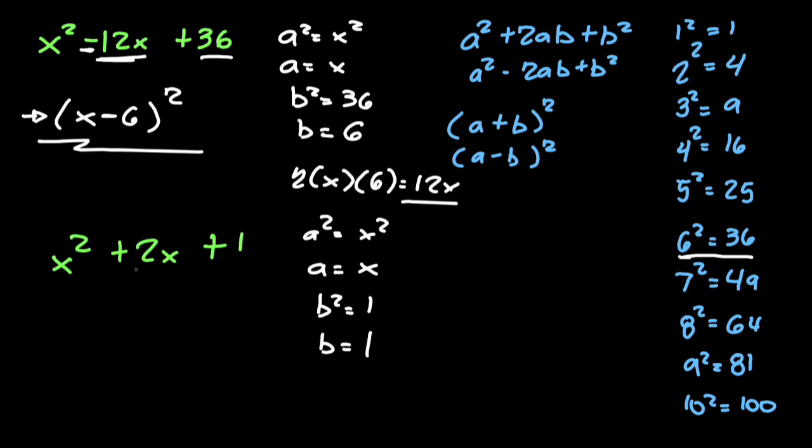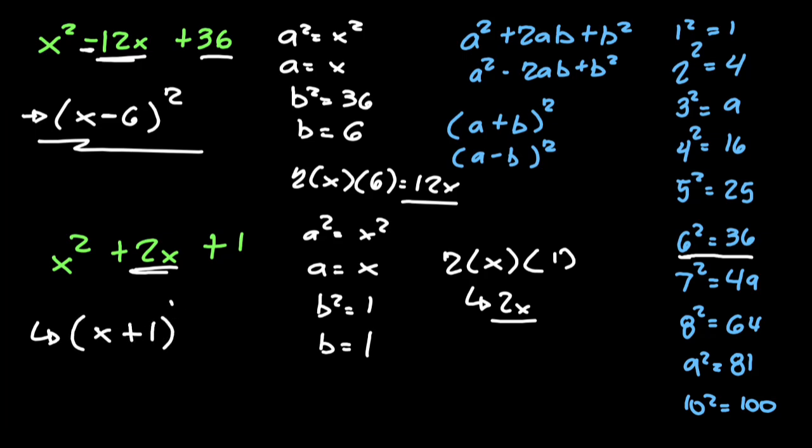Let's confirm the middle term, whether it is 2x, so it would be 2 multiplied by x, which is a, and multiplied by b, which is 1, so it would be 2x. Thus, the final answer would be x plus 1 raised to the power of 2.